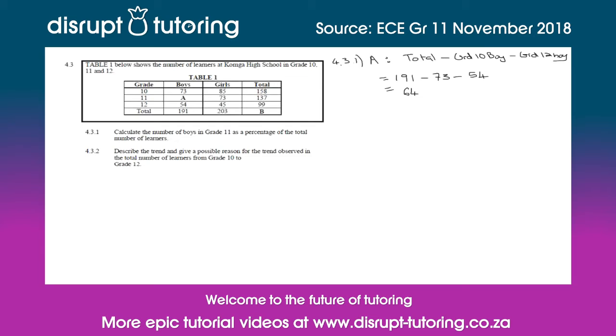Now we need the value of B, which is your total in the grade. So again, we've got two options here. We can either sum up the amount of boys and girls, which will give us B, or we can sum up each grade. So I'm going to go with the summing up of boys plus girls. So B is going to equal total boys plus your total amount of girls.